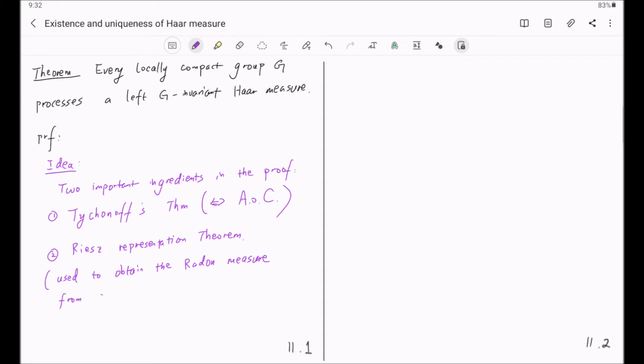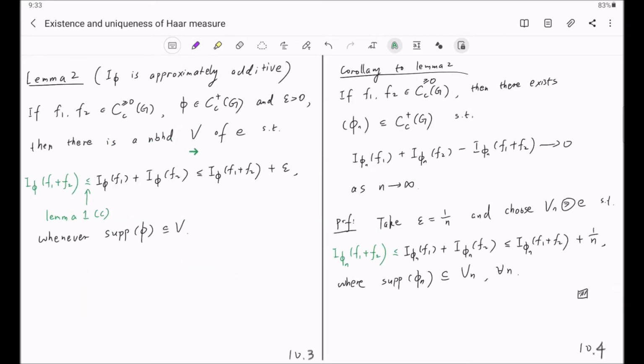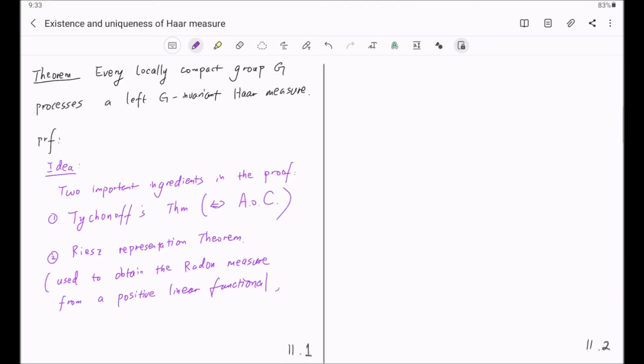This is obtained from a positive linear functional approximated by the thing we developed for our lemma 2, namely those I sub phis. You will see how we're going to do this. So this Radon measure will serve as our Haar measure.